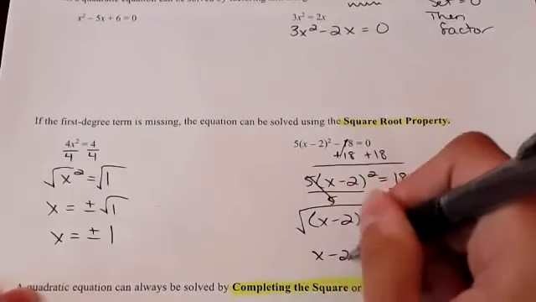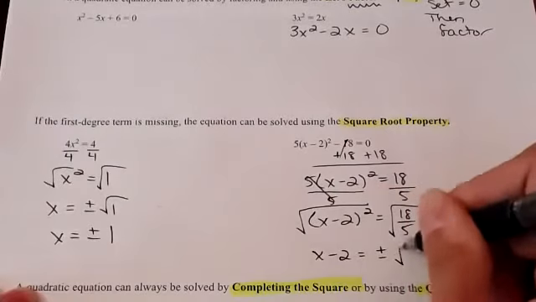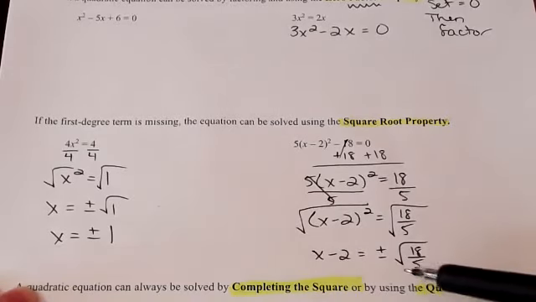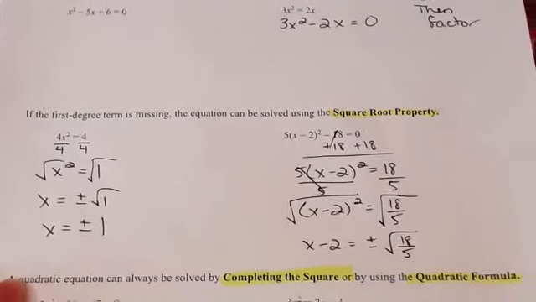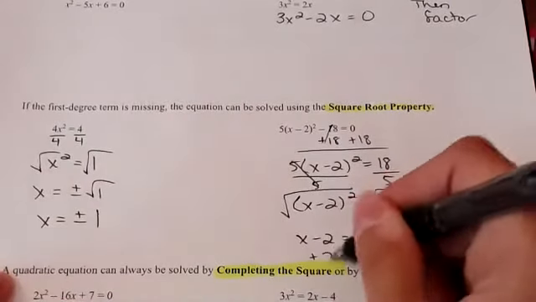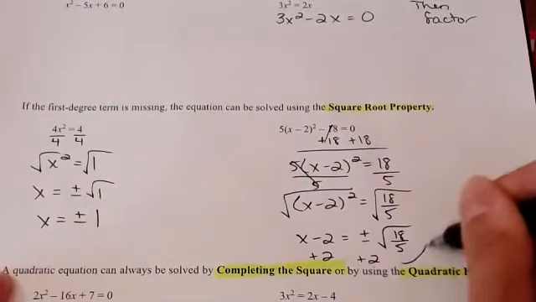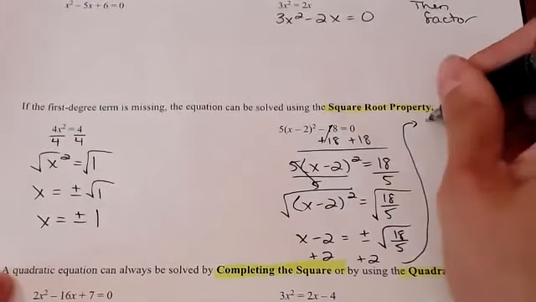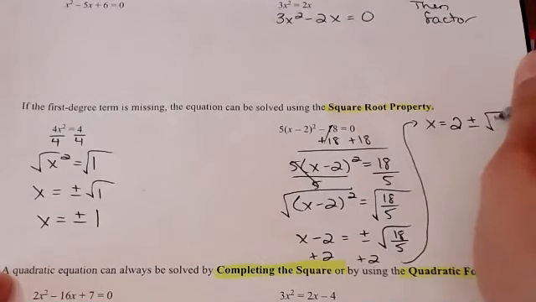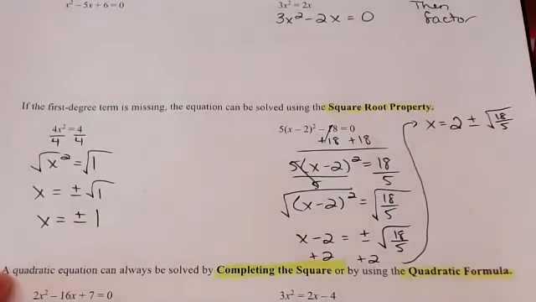That leaves us with x minus 2 is equal to positive or negative the square root of 18 over 5, which, by the way, we would rationalize. It's not okay to have a square root in the denominator. But to finish this off, we would add 2 to both sides, which means my solution would be x is equal to 2 plus or minus the square root of 18 over 5.